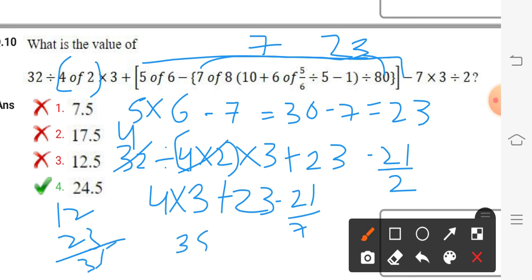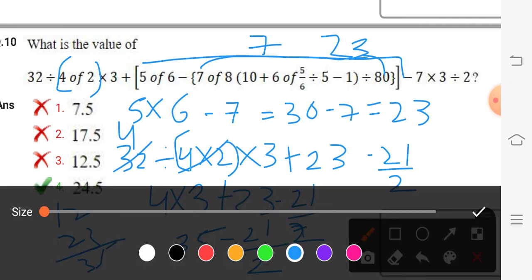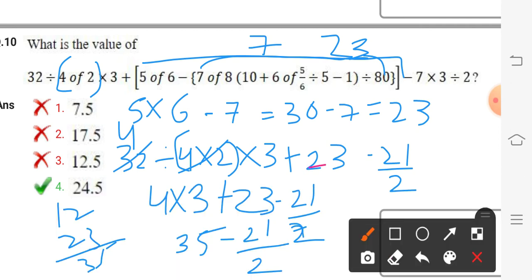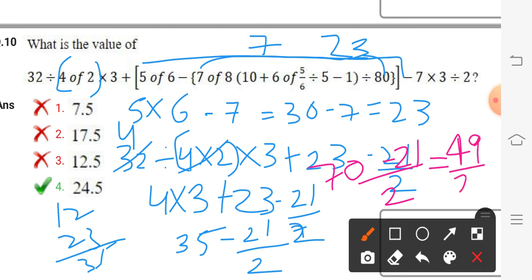So 35 minus 21 by 2. 2 35s are 70. So 70 minus 21 by 2. We get this value, 49 by 2. 2 4s are 8, so it is 8.5. So the fourth option is correct.